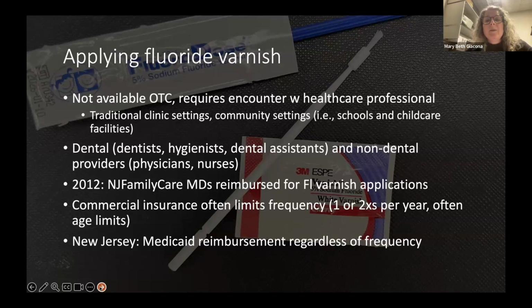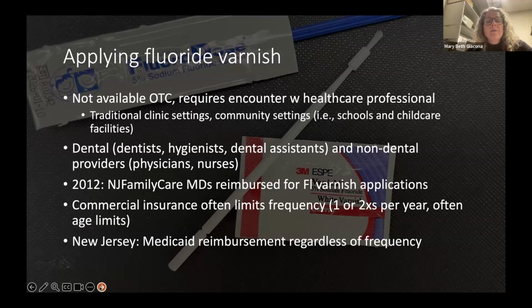It's very easy to apply in community settings, for example in schools or childcare facilities, or at community events. Dental providers, so dentists, hygienists, and dental assistants, can all apply fluoride varnish, but non-dental providers can also legally apply fluoride varnish, such as pediatricians and school nurses.